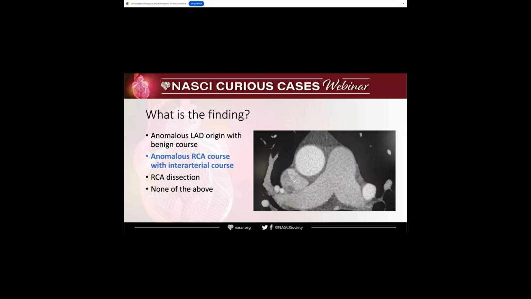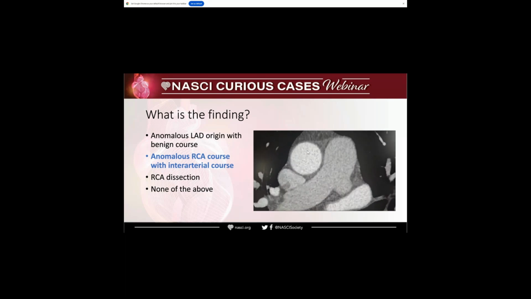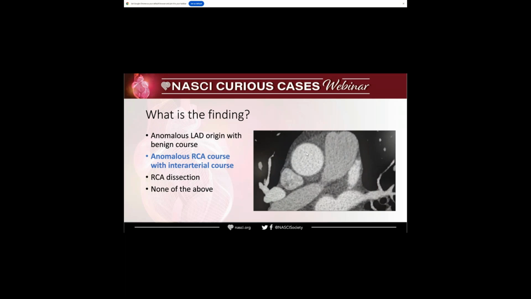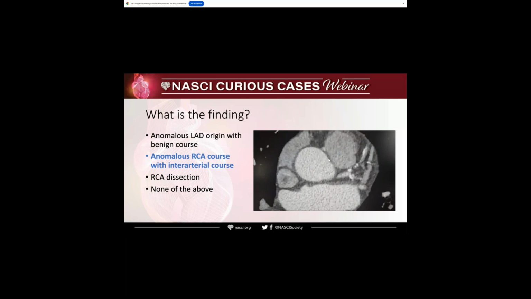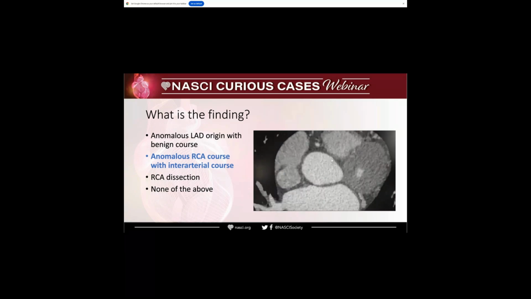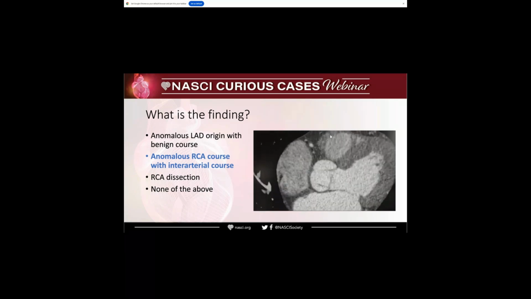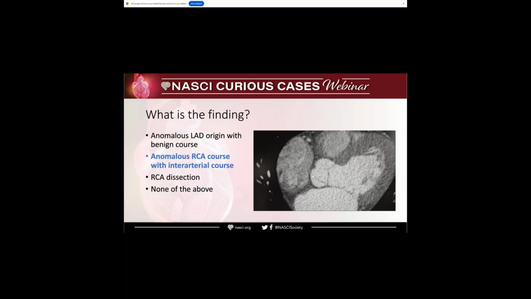The RCA usually comes from the right coronary cusp, but in this case we can see that it's coming from the left coronary cusp, and it courses between the aorta and the main pulmonary artery. This can pose a serious problem because the vessel is actually caught between two arteries with systemic high pressures.